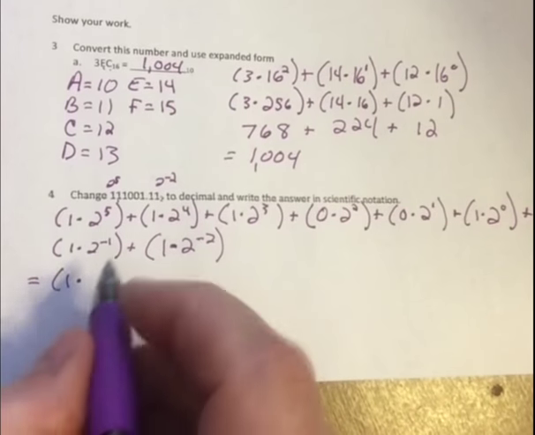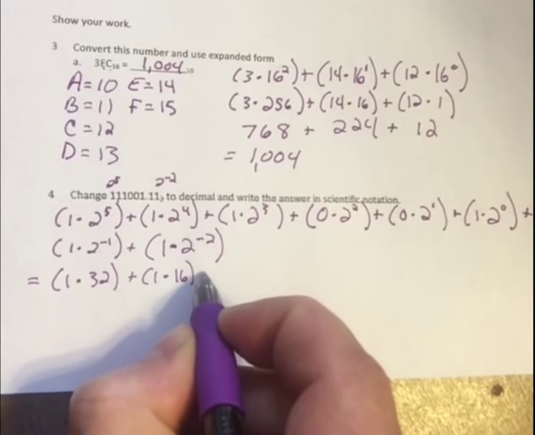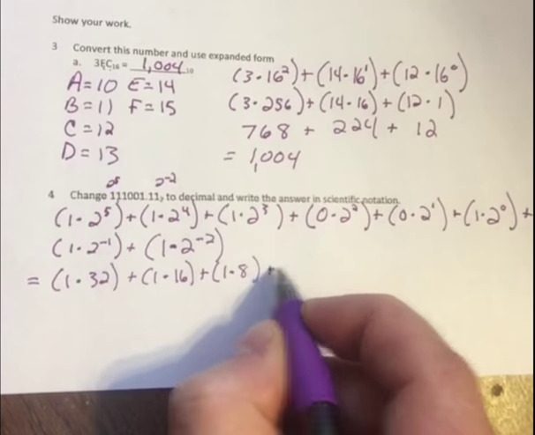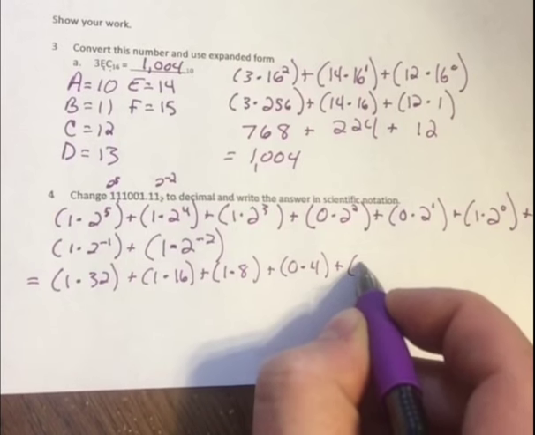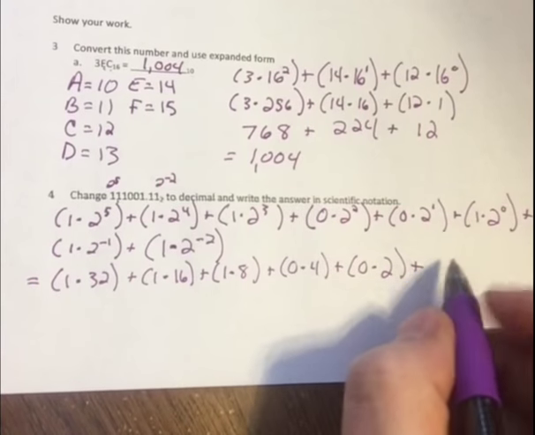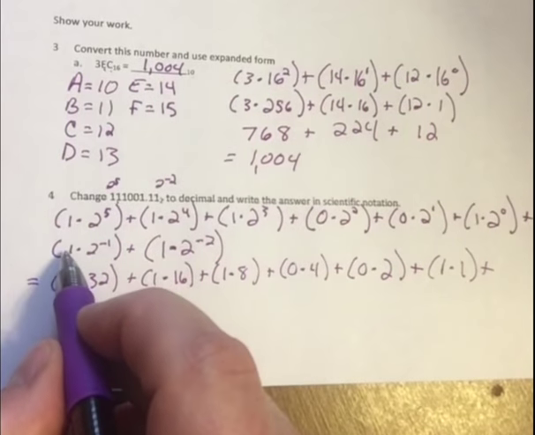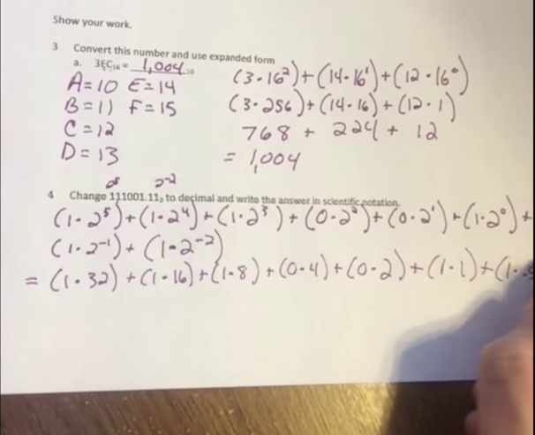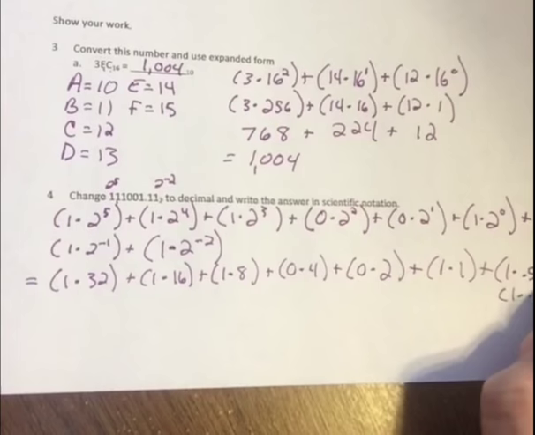So this will be 1 times 32 plus 1 times 16 plus 1 times 8, plus 0 times 4, plus 0 times 2, plus 1 times 1, plus 2 to the negative 1 is a half, 1 times 0.5, plus 2 to the negative 2 is a quarter, plus 1 times 0.25.